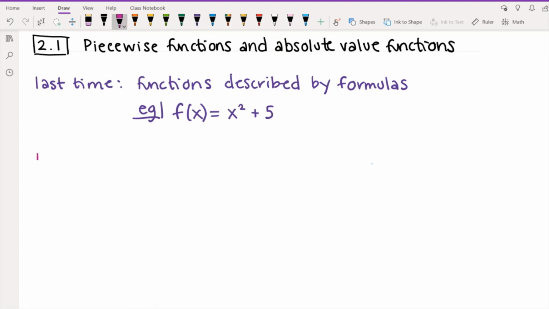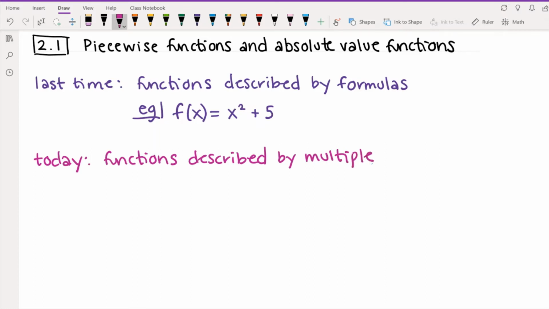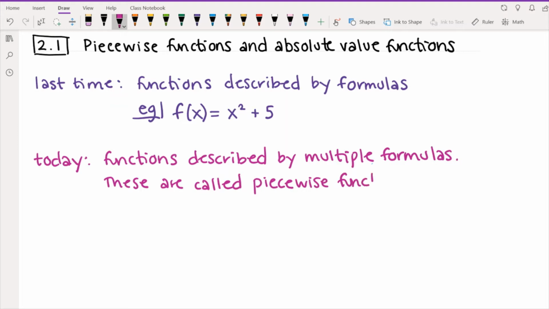So in this video, we'll see that there are some functions that are described by multiple formulas, and these types of functions are called piecewise functions.